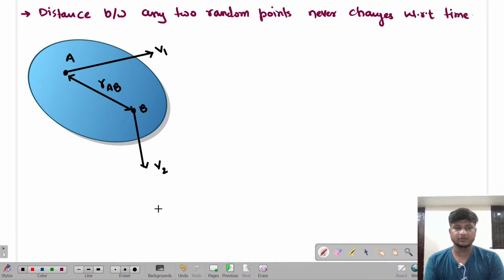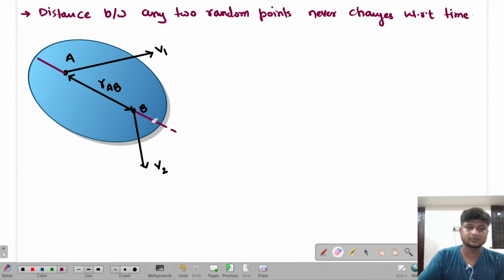Now let's suppose, with the horizontal line, with this line, they make some angle theta. Let's suppose this angle is theta 1, and this angle is theta 2. Is that clear?